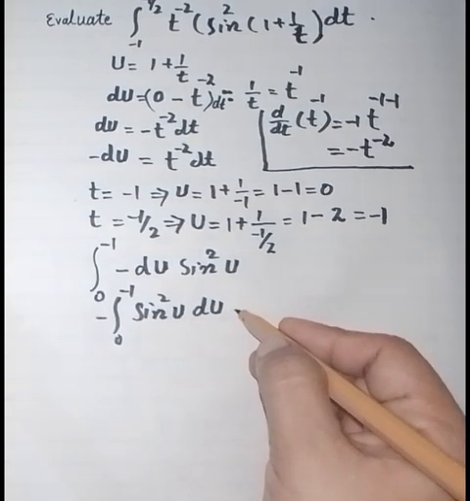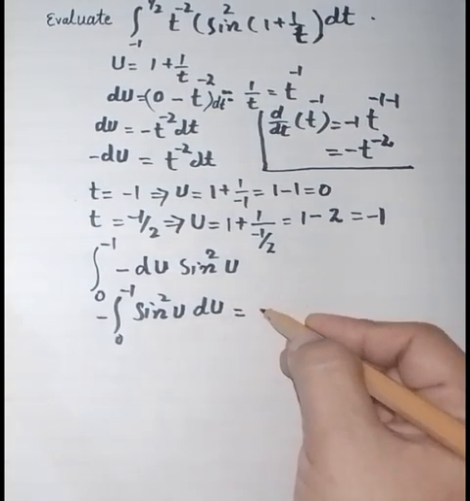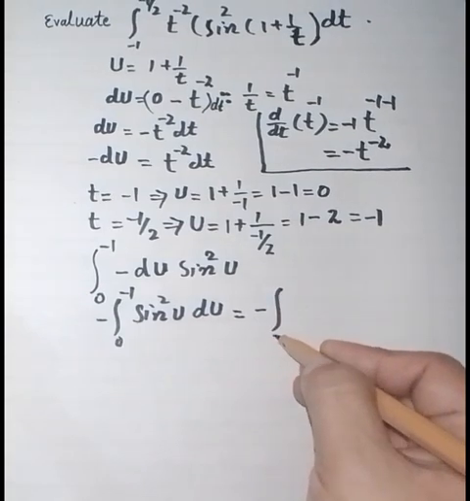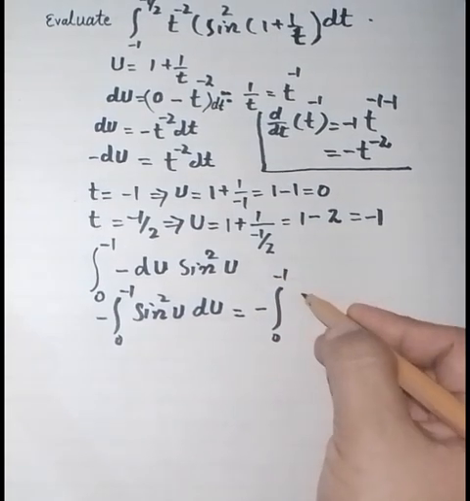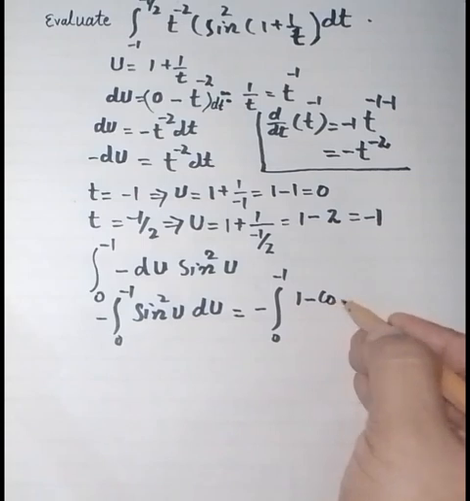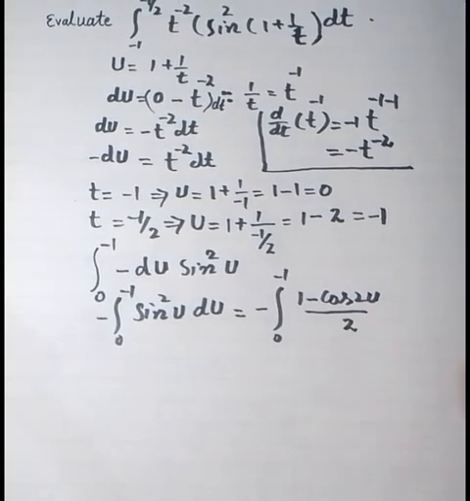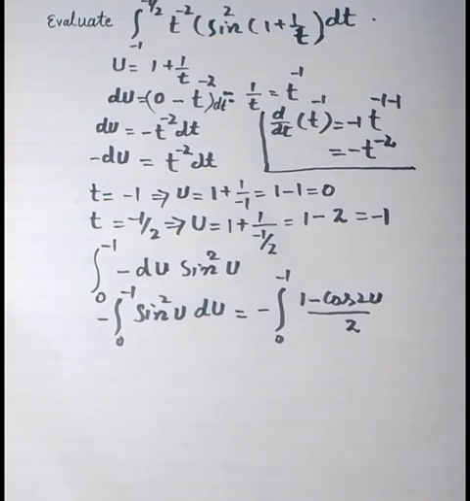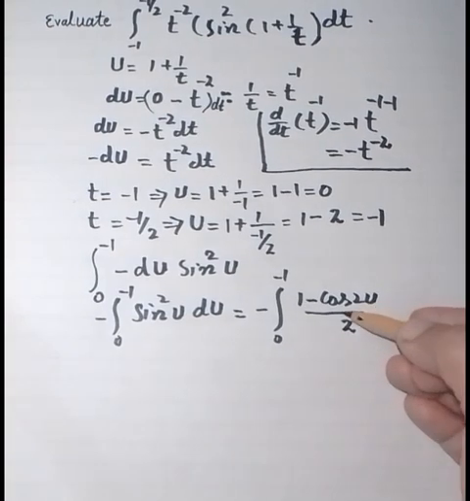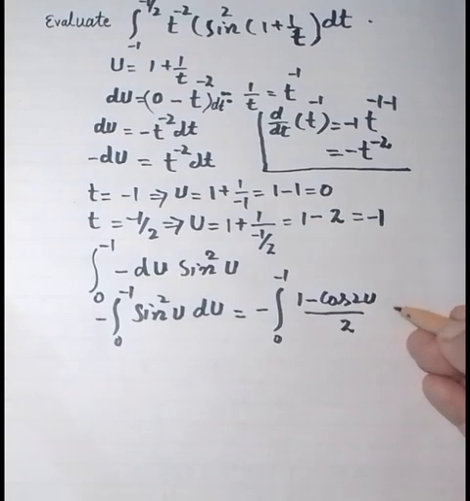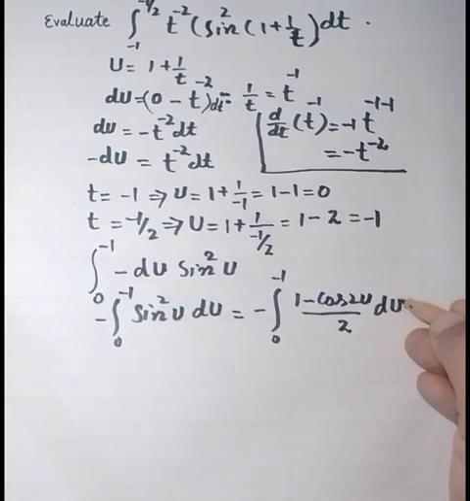As we know that sine square u is equal to 1 minus cos 2u divided by 2 by using the double angle formula. 1 minus cos 2u divided by 2 du.